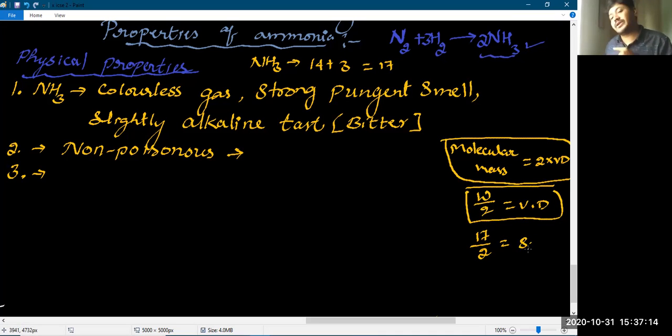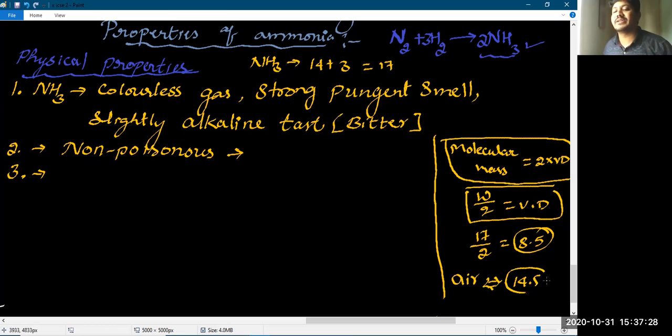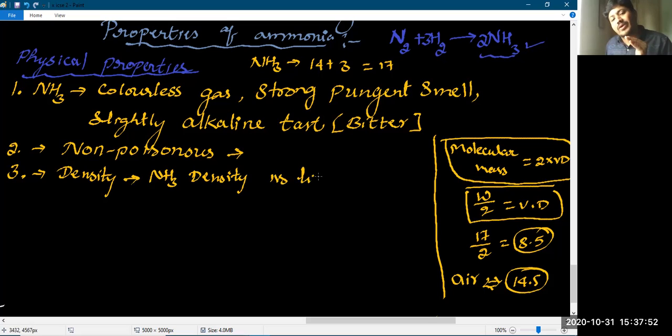How much will you get? 8.5. So 8.5 will be the vapor density. What is the density of air? The calculated value is 14.5, the vapor density of air. Density is basically mass by volume. So the density of ammonia, NH3, is lighter than air. Why is it lighter than air?